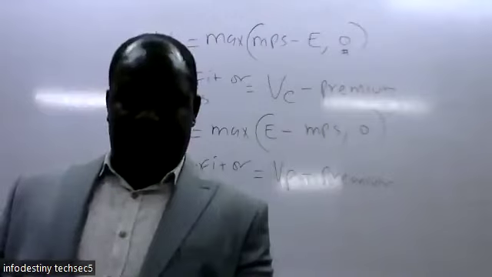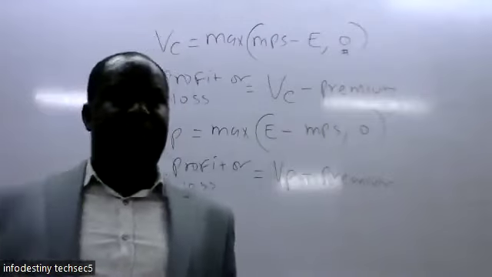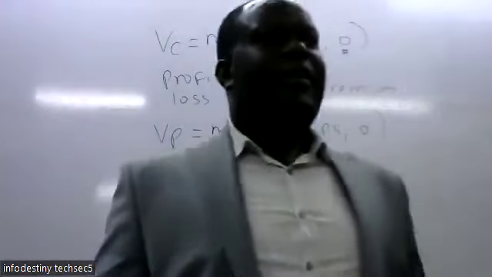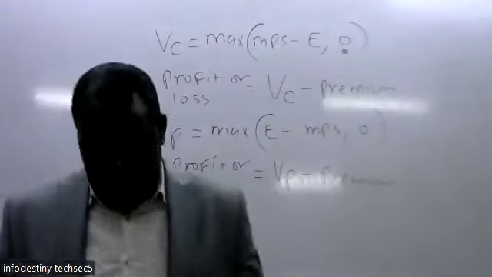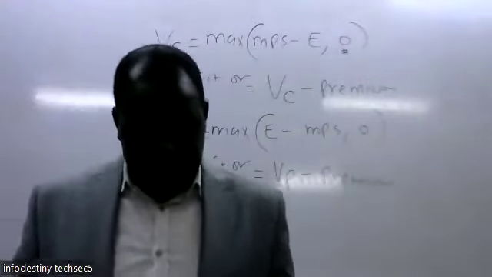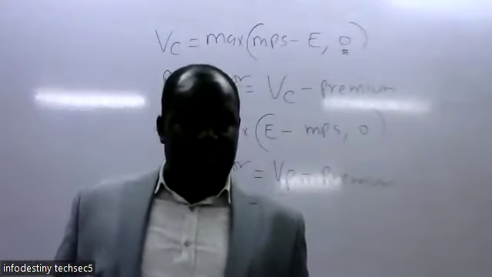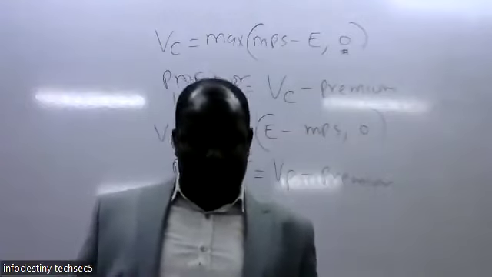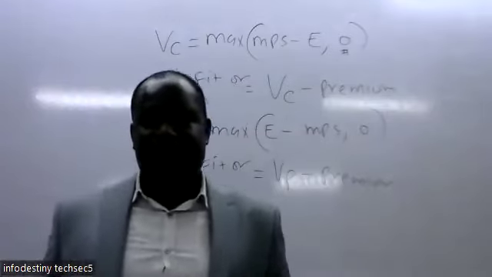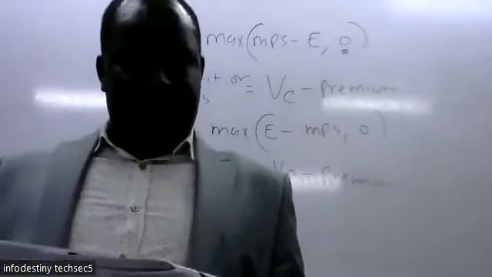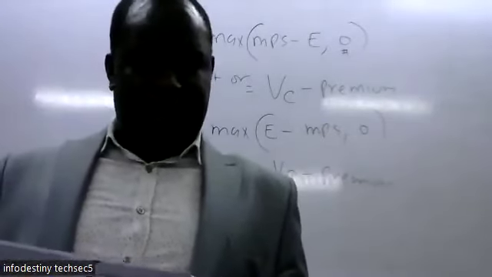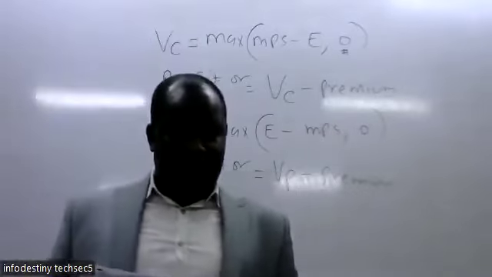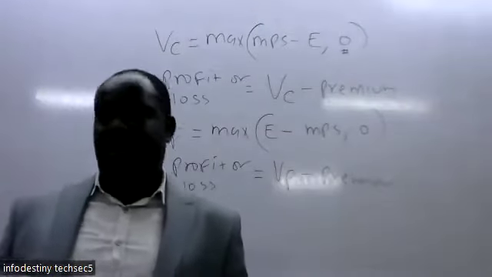November 2020, question number 4, part B. So that question 4, part B, they have given you some details that an investor has acquired a call option whose exercise price is 100.